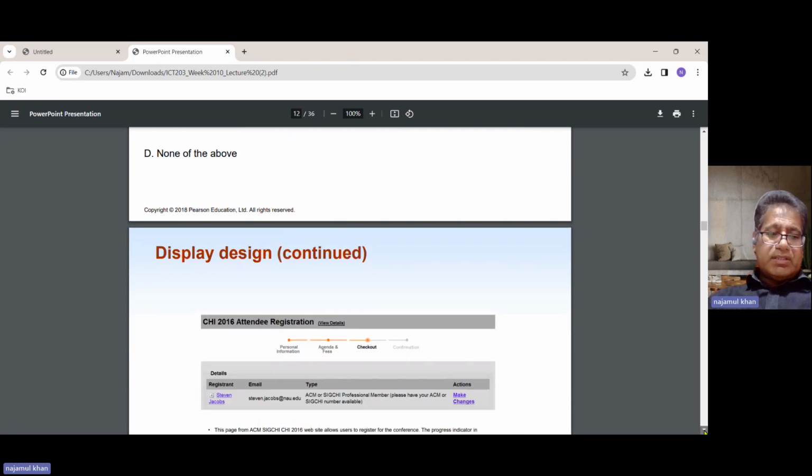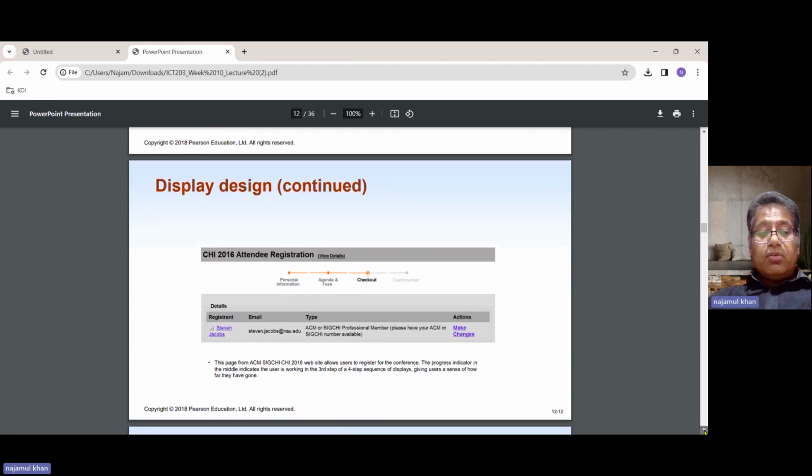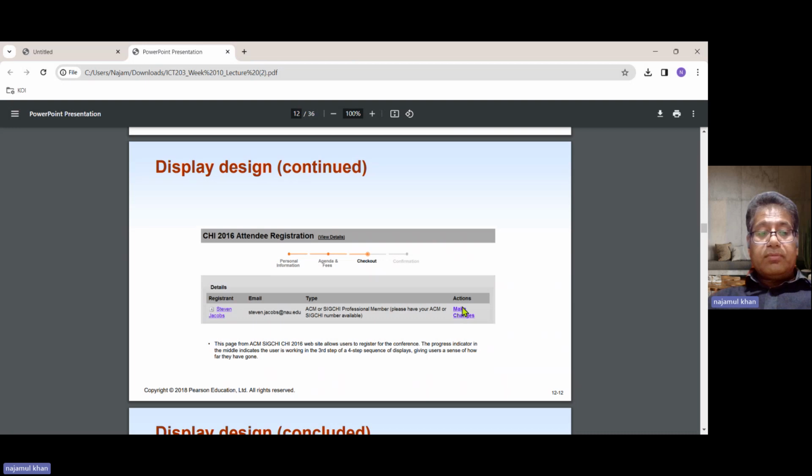More information about display design, guys. Okay, now look here. They have got something from attendance registration. Some information is here: email type, registrant, or whatever actions. But the good thing is what I have been emphasizing for some time: whenever you display an image or a screenshot in your assignment, please give the name and also the number. It might be screenshot number one, or figure number one, figure number two, whatever it is.